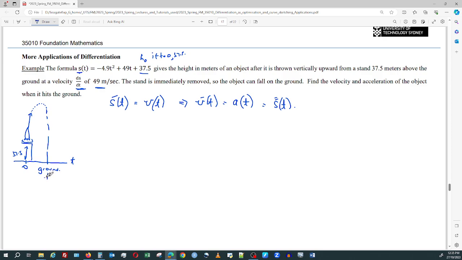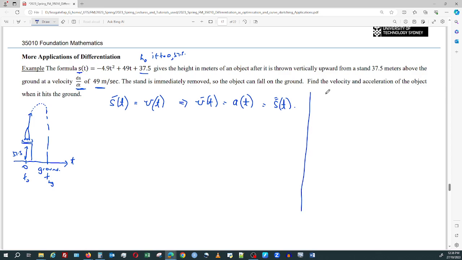What are these two times? T0 and t hit the ground. All we've got to do is assign this to 0 and solve that. It's just finding the roots of the quadratic. So let's do that.